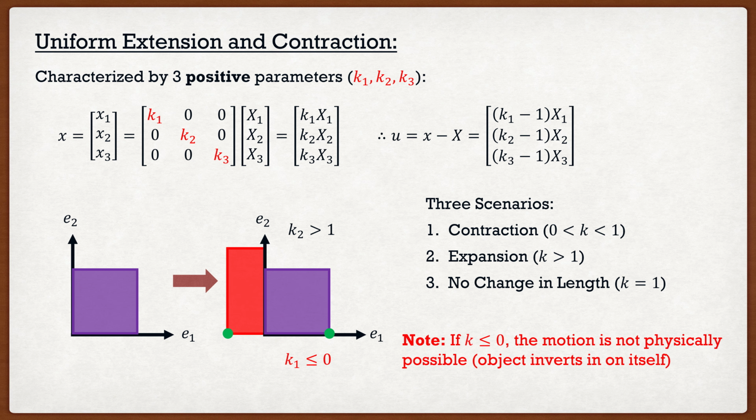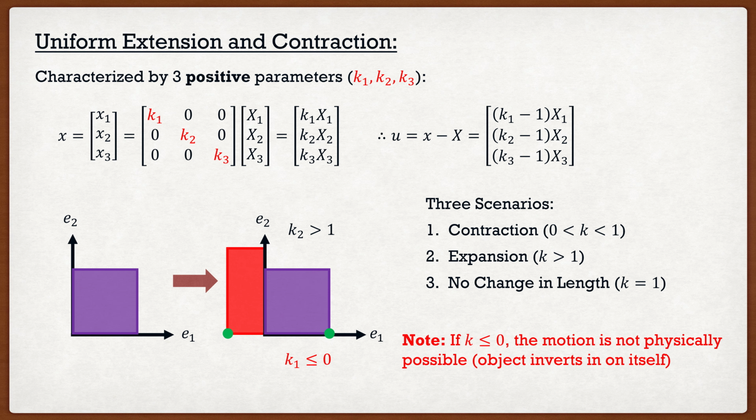But what this represents is that the object itself basically becomes inside out. It inverts upon itself, as we can see in the picture here, which, although mathematically possible, since all you would have to do is set a negative value for K, it's not physically possible. An object cannot just invert upon itself. So this is why we basically have three scenarios if you want things to behave realistically.